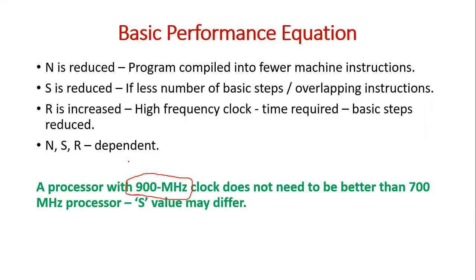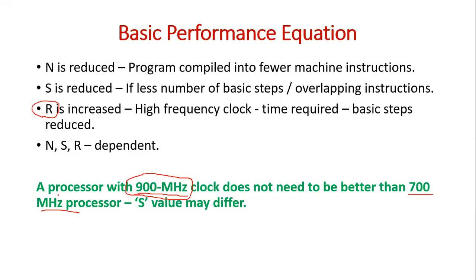But as a computer engineer, you should not get attracted by that. Consider this statement: a processor with a 900 megahertz clock need not be better than one with a 700 megahertz clock. This is R, the clock rate.